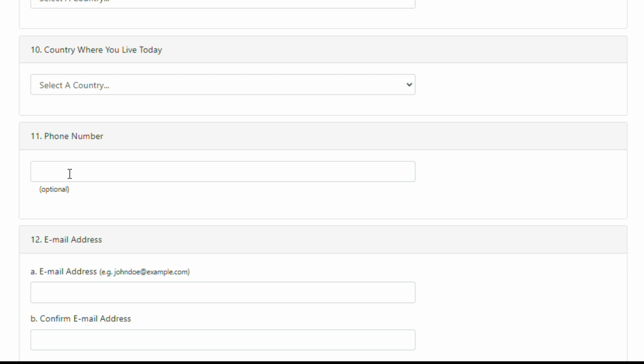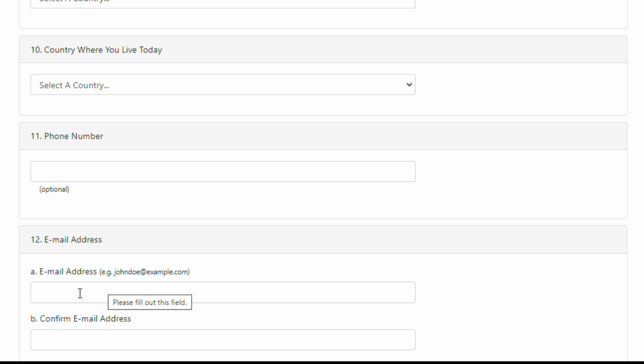Then you have an optional slot here where you can insert your phone number. It's either you insert it or not, it's optional, but the email is mandatory. And about the email, ensure that you use an active email, and this email must be an email that you will use even after winning.